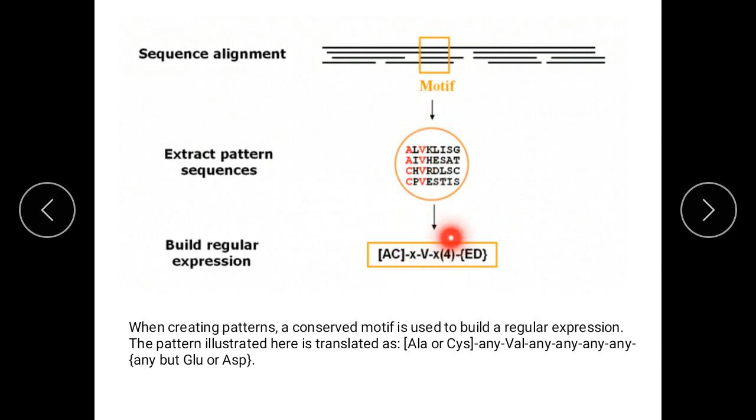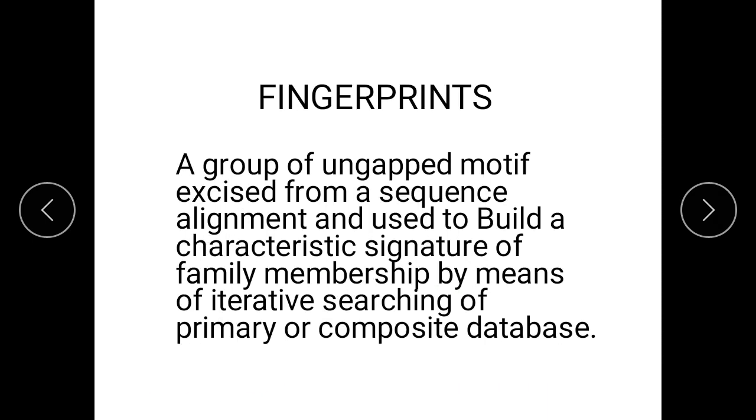This is X4, so four amino acids are repeatedly present there, and then E D, so either E or D at the end. This repeated expression can be called a pattern. This is a conserved motif described by a regular expression. Here E D means glutamate or aspartate.